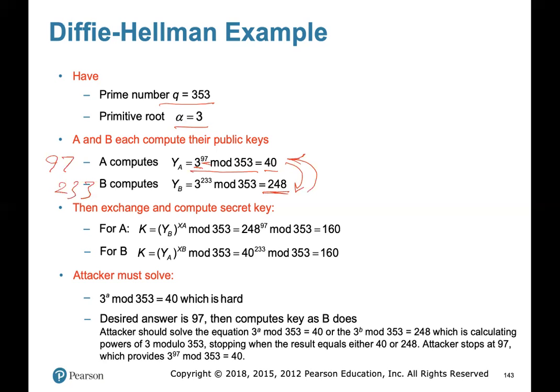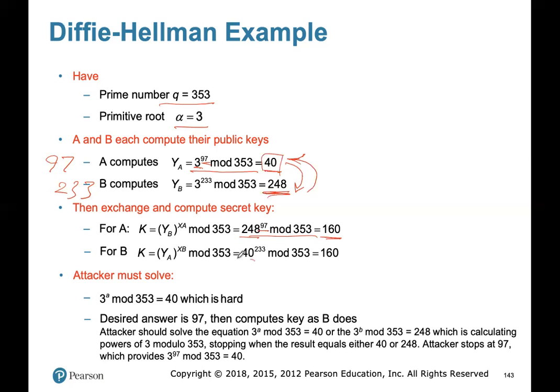Okay, in the next step, Alice has received 248 and calculates 248 to the power of her own key, which was 97, mod 353, and Alice gets 160. Bob also does the same thing using the public key he received, which is 40.